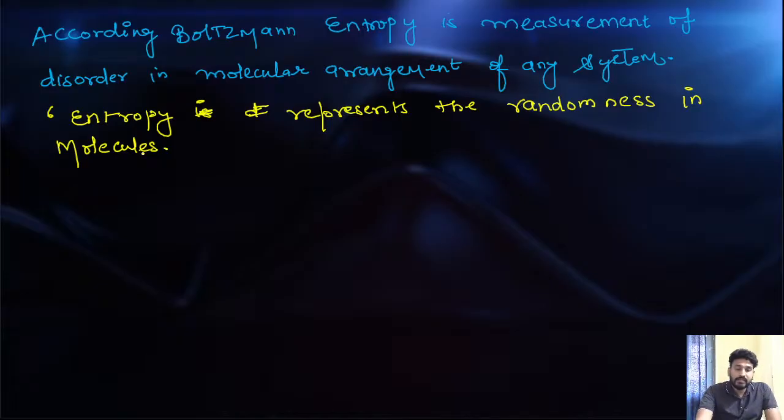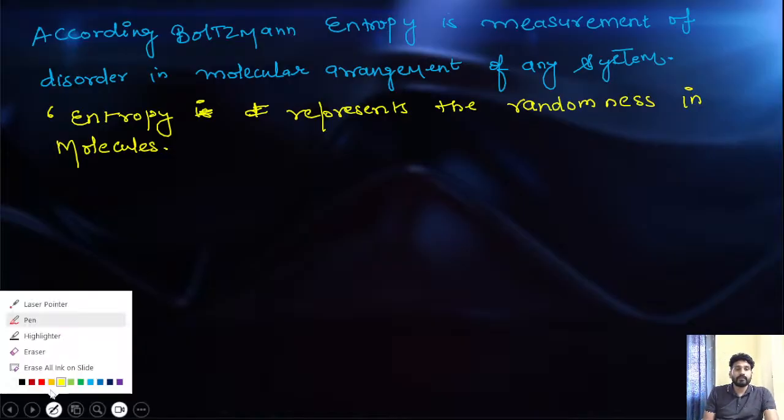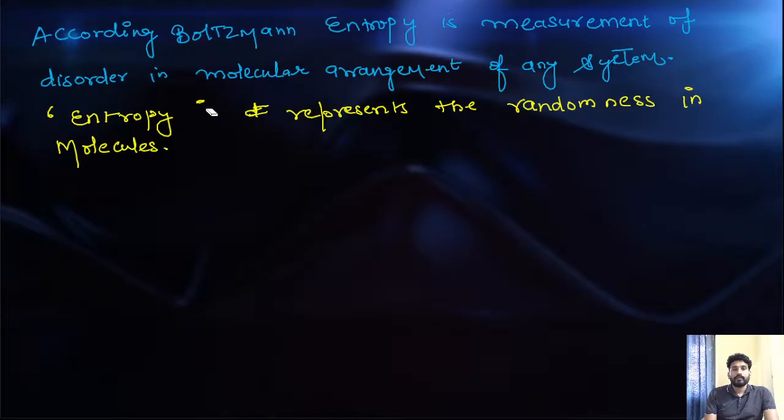We know that if we give heat, the randomness of the molecules will increase, which means the entropy will increase. And if I release heat, the randomness of the molecules will decrease, which means the entropy will decrease. It is clear to you now, right?